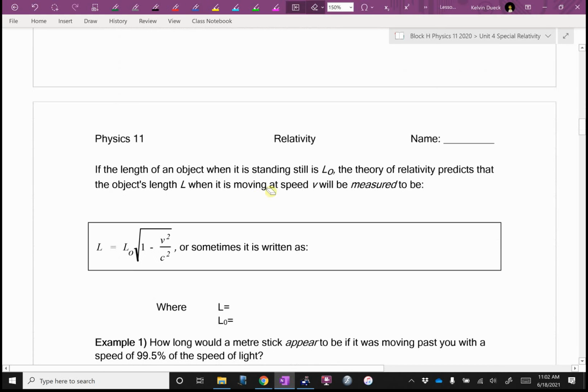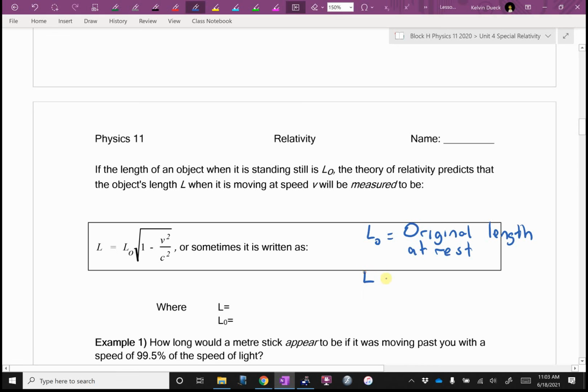If the length of an object when it's standing still is L0, here's what I think. L0 equals the original length at rest. When you're at rest, what's your velocity as a number exactly? So L0 is original length at speed 0. If you're looking for a dumb way to remember what L0 means, that's what I do all the time.